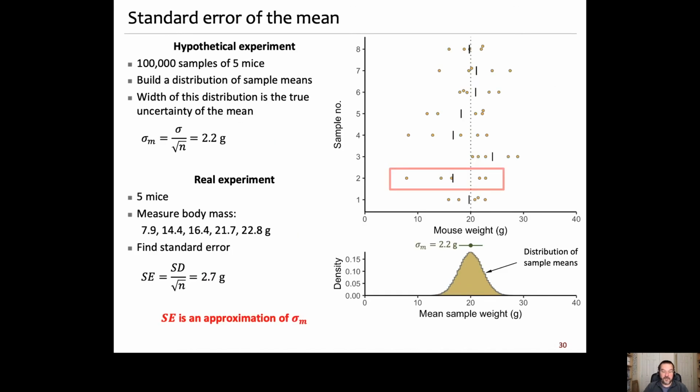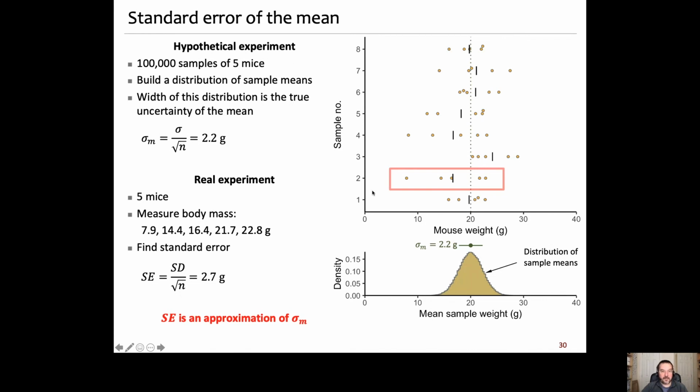You can imagine this distribution to be built as a result of multiple experiments. So this distribution here is only hypothetical. In real life, I don't know this. I can only simulate it in a computer and show something about its properties. So in this hypothetical unreal experiment, we have 100,000 samples of 5 mice.